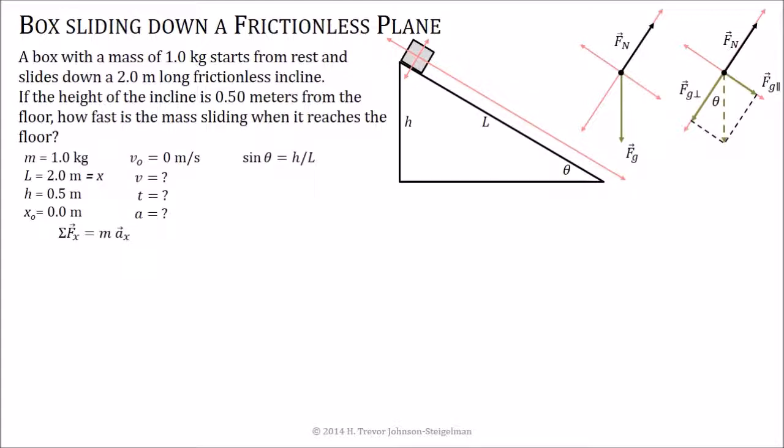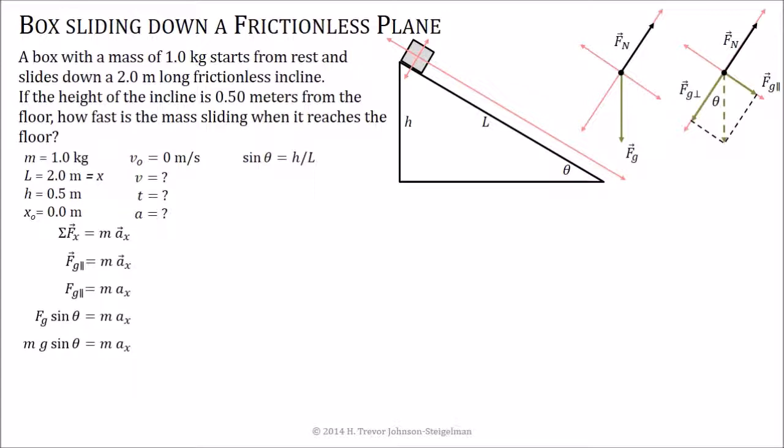Okay, if we look at Newton's second law in that x direction, which is down the plane, the only force that's acting is Fg parallel. So we take the vector equation into an algebraic equation, and then using a little bit of simple trigonometry, Fg sine theta is equal to mass times the acceleration.